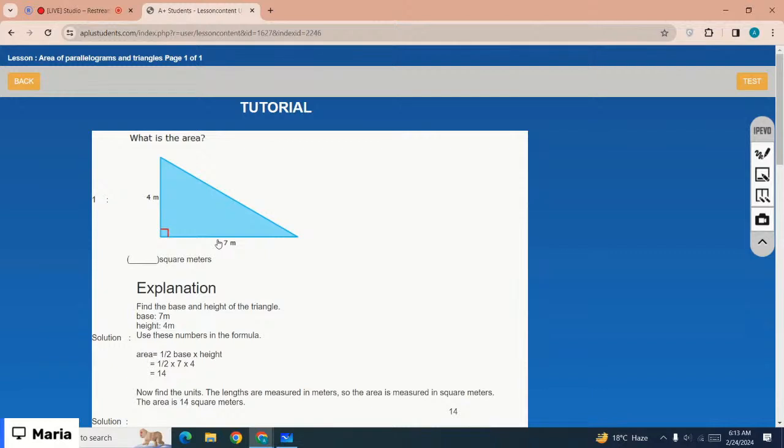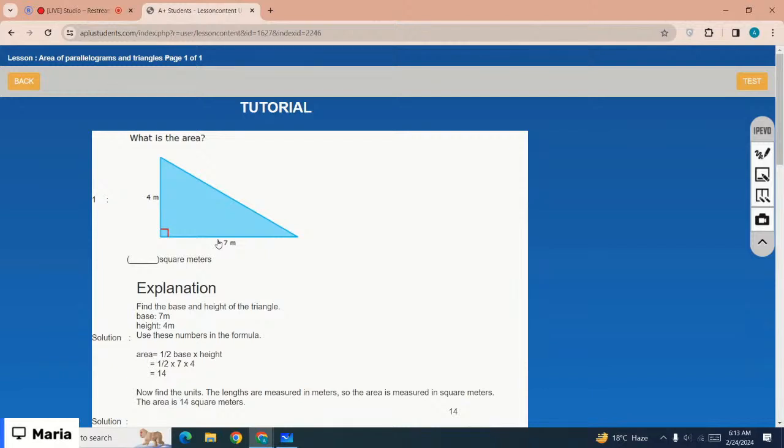So you are given the triangle. Whenever you need to calculate the area of a triangle, you have to do half times base times height. For this triangle, you are given the base, which is 7, and the height, which is 4. So you do base times height, that is 7 times 4, which is 28, and 28 divided by 2 is 14.